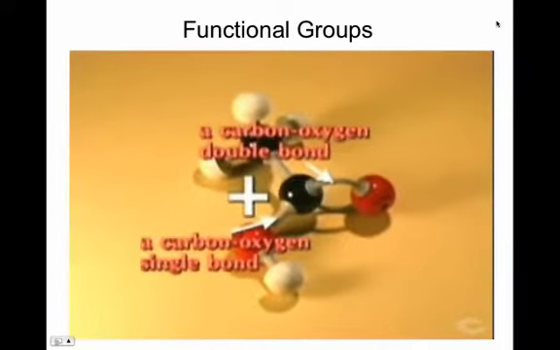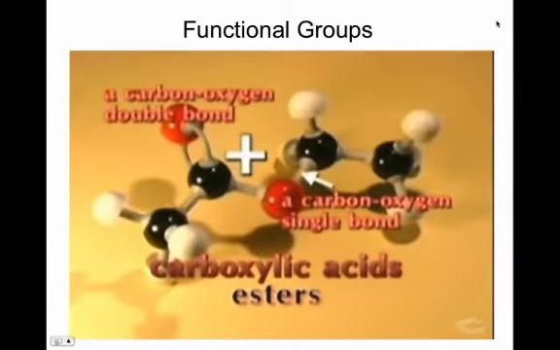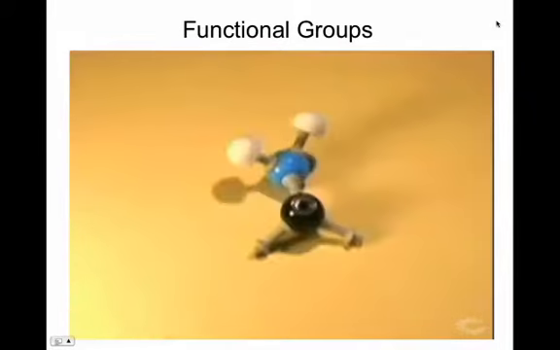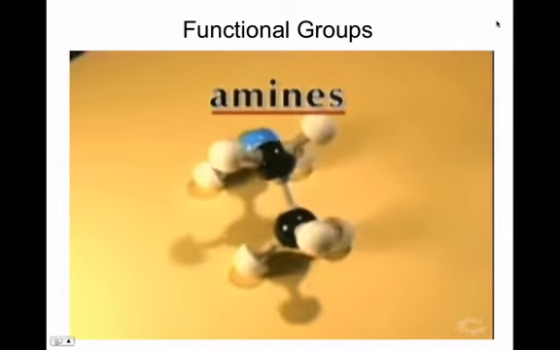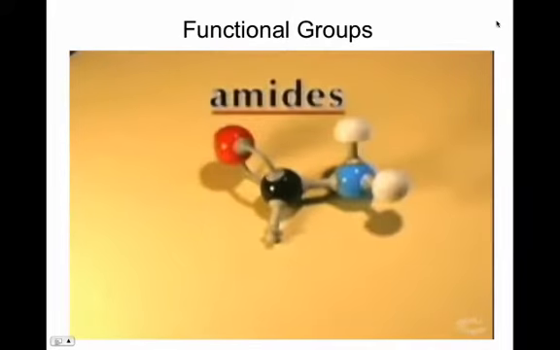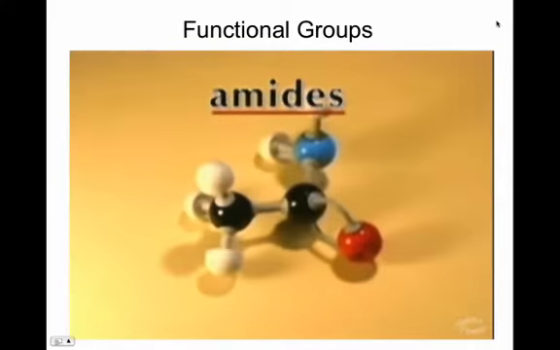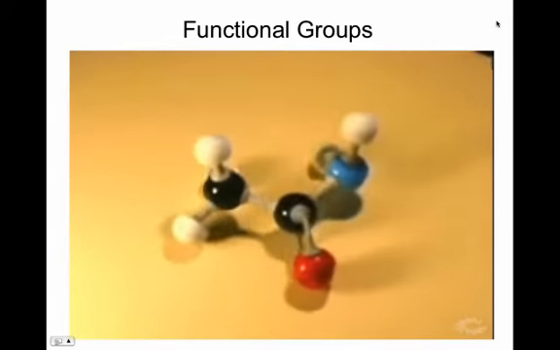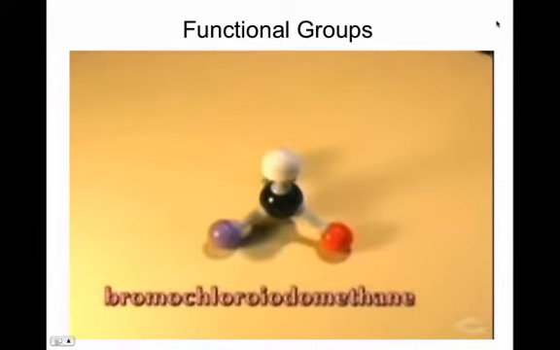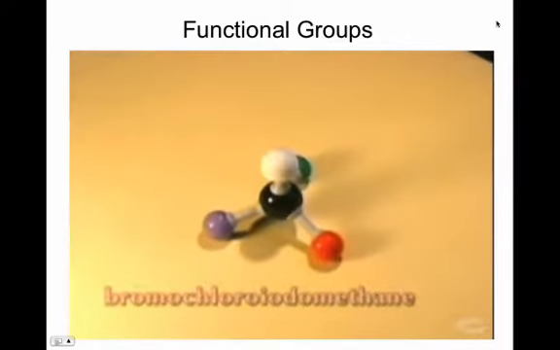Two oxygen atoms can also bond to the same carbon atom, which creates groups called carboxylic acids and esters. And there are several classes of organic compounds produced when carbon combines with nitrogen. These classes are called amines and amides. Carbon can enter into a large number of other molecular arrangements to form a variety of common organic compounds.